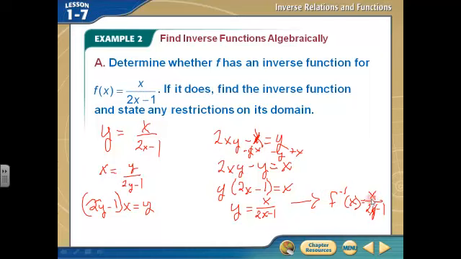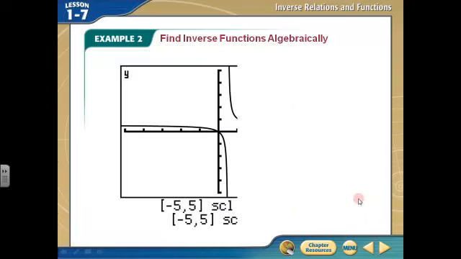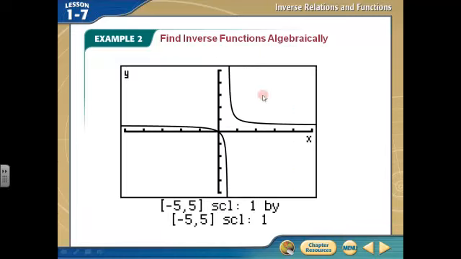So looking at this, I'm going to go back to the graph. When I look at this graph, we see that the range is going to be the domain of the inverse. The range of the original function is going to be the domain of the inverse. So I can see that the range for this graph is going to be from negative infinity to 1 union 1 to infinity.